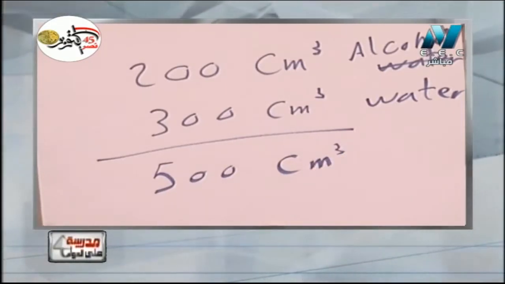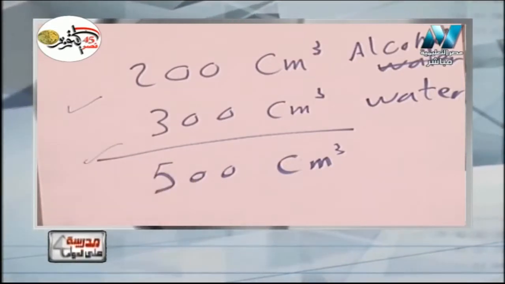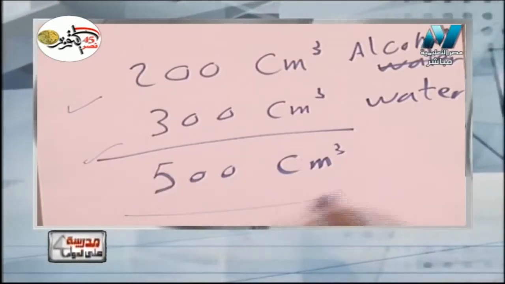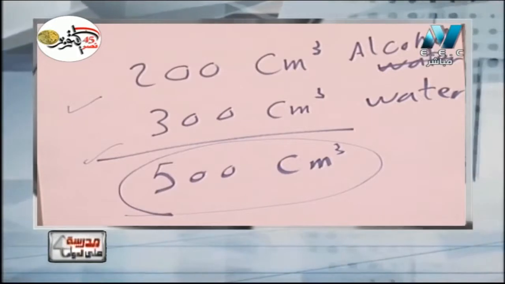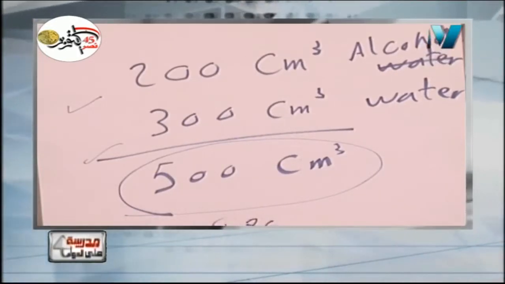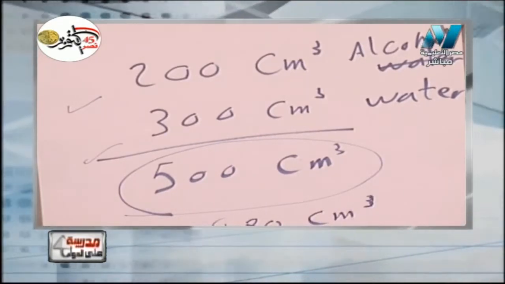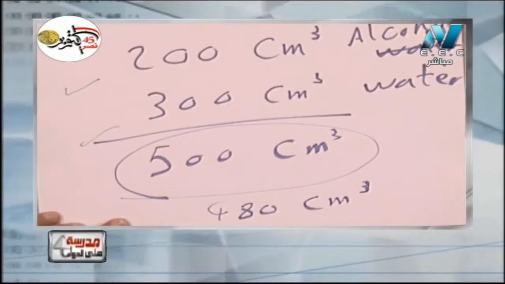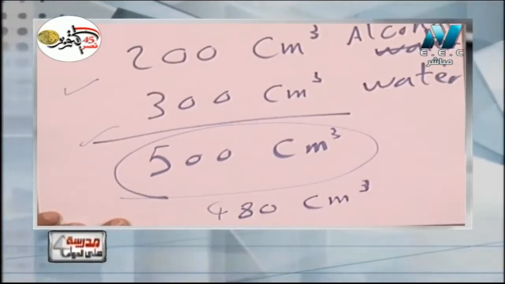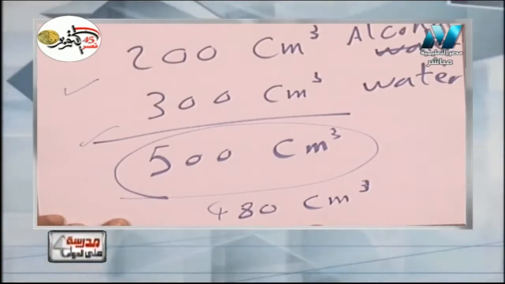But in fact, if you add 200 cubic centimeter of alcohol to 300 cubic centimeter of water, the produced mixture is less than 500. I think it will be 480 cubic centimeter. Now the question is why? Where is the remaining 20 cubic centimeter?